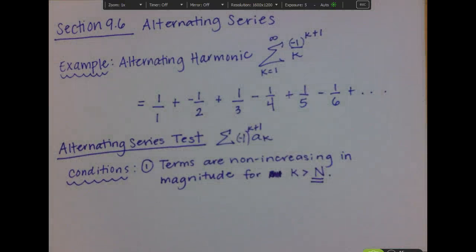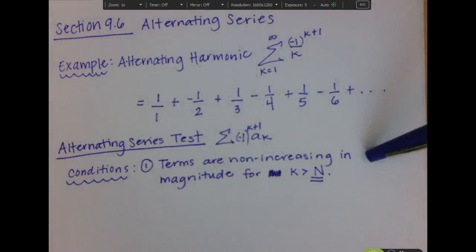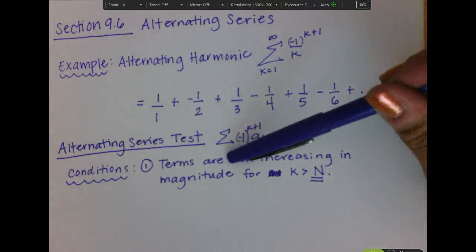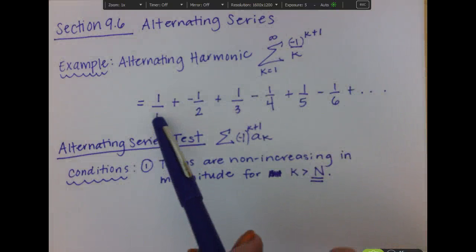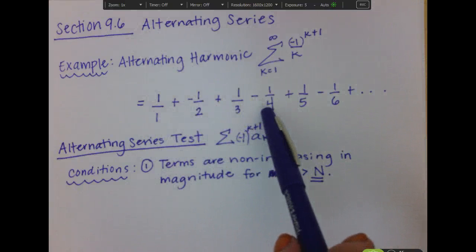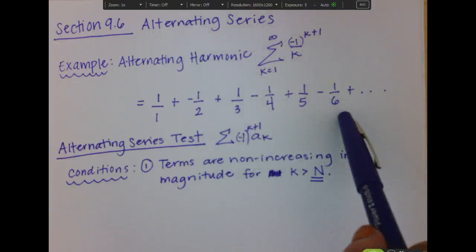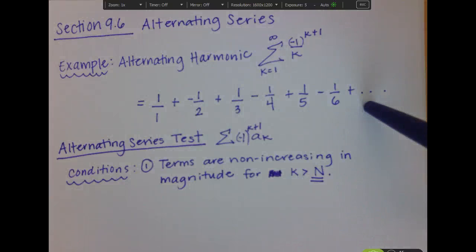The way that this is stated is a little bit unclear until you start actually doing some examples. But remember that non-increasing just means that it's either decreasing or remaining constant. So as you look at the terms of the sequence from one to the next, you want the values to be getting smaller and smaller or staying the same. You don't want them to be increasing.